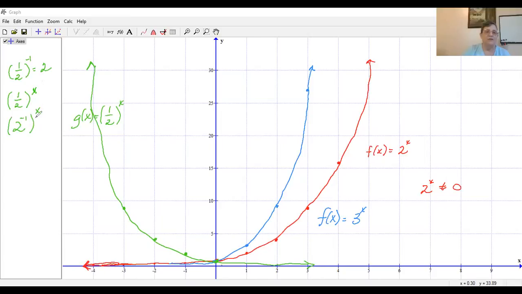And when you've got a power to a power, you multiply the exponents. So 1/2 raised to the x is the same thing as 2 raised to the negative x. Changing the sign on the x would switch it around the y-axis.